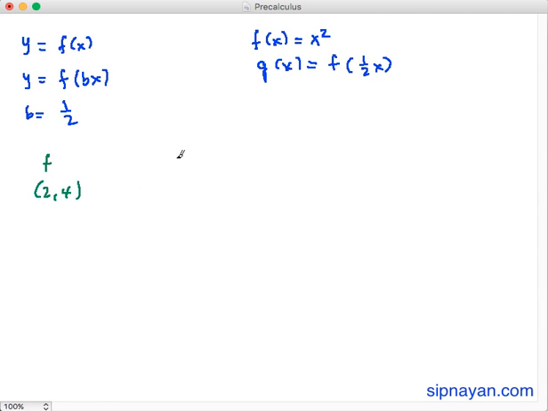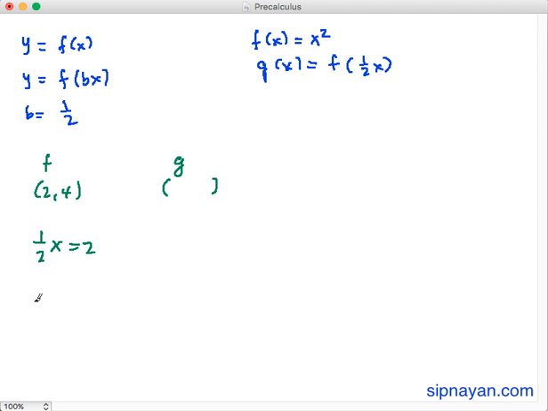So, ano ang equivalent doon sa graph ng g? Remember, they have the same y value, kasi g of x equals f of 1/2 x. But here, ang x dito sa g ay 1/2 x sa f. So, ibig sabihin, 1/2 x equals 2, so pwede nating equate yung 1/2 x dito sa value ng x dito.